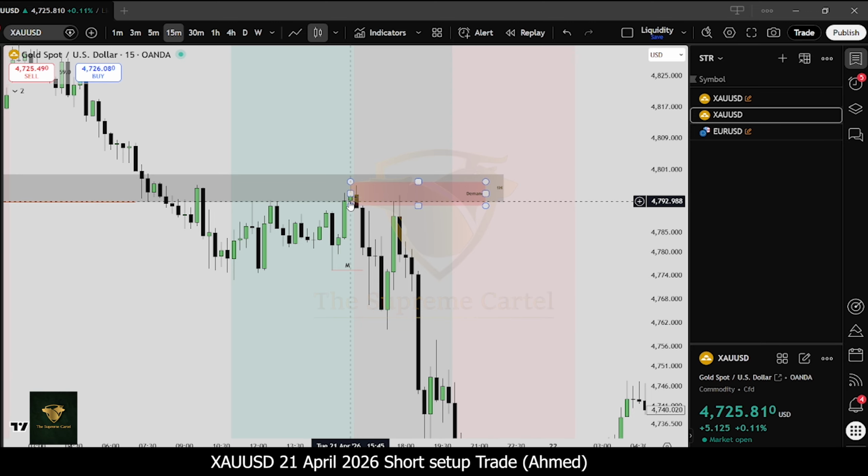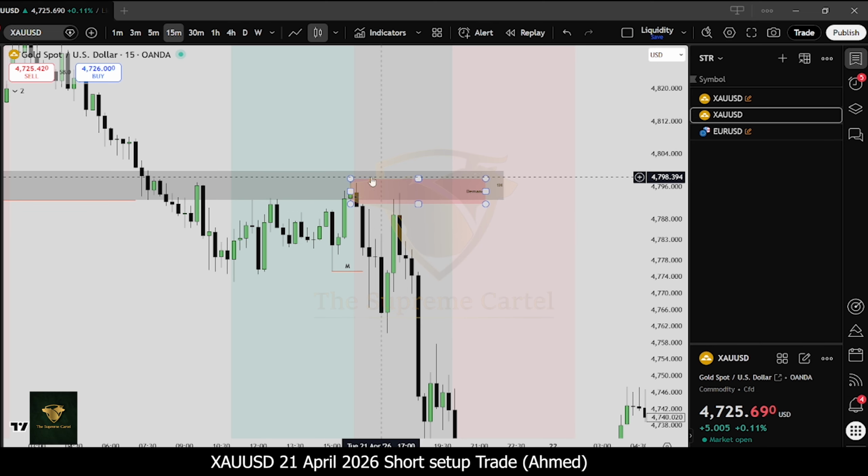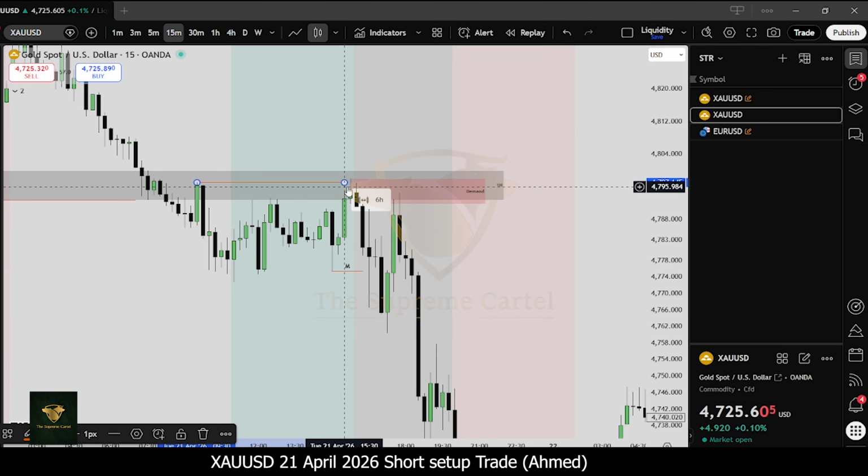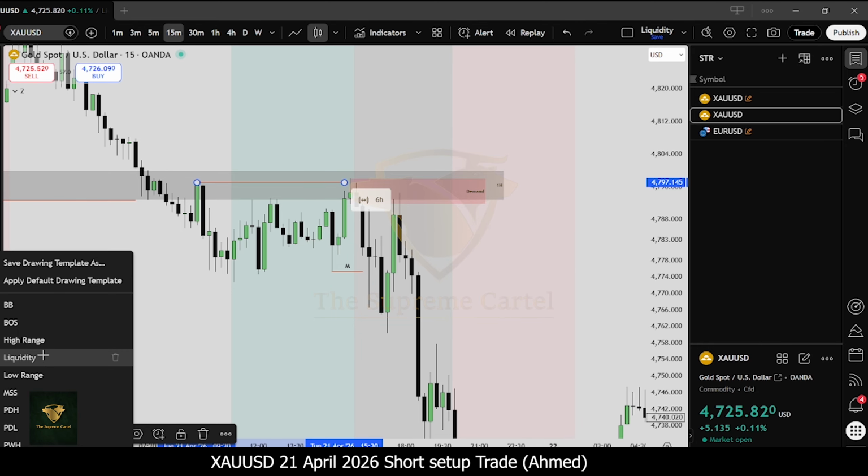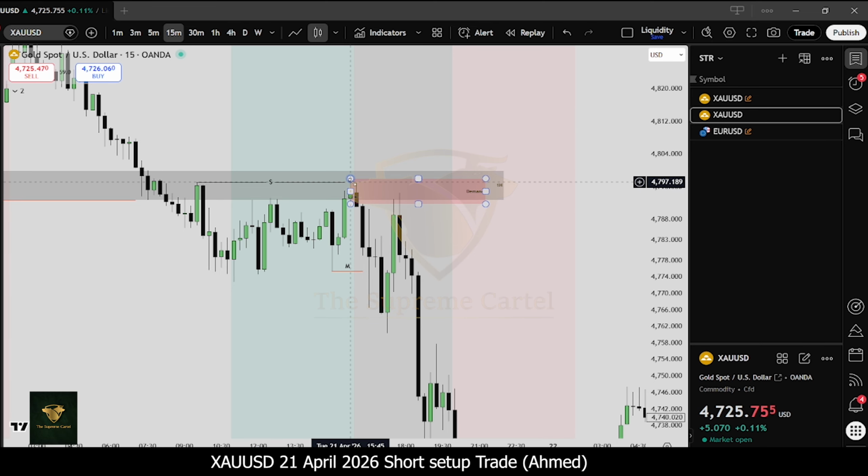Now, one good thing about this order block is that it has already swept this liquidity. So this is a liquidity order block. It has already swept, and this is an unmitigated order block. So post the change of character, the price came and tapped this unmitigated order block.